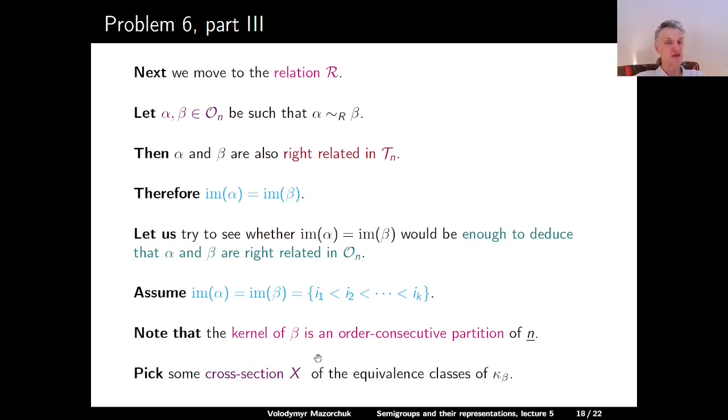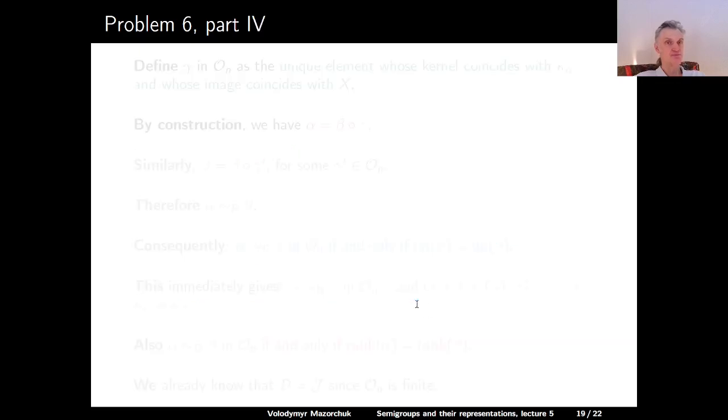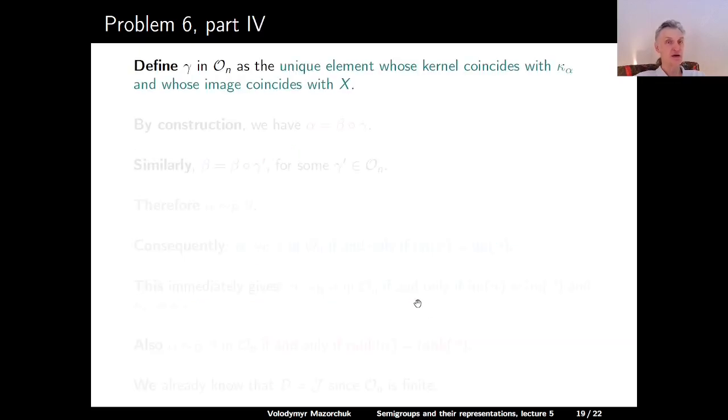Let us pick some cross-section X of the equivalence classes of the kernel of beta. Note that X has k elements. Define gamma as an element in On, so that's a unique element whose kernel is the kernel of alpha and whose image is X. And then by construction, alpha will be equal to beta after gamma.